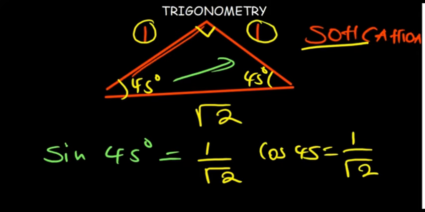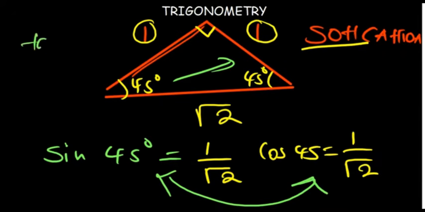Which makes it possible to say sine 45 and cos 45 are basically equivalent. Okay. And then what about tan 45? The opposite and the adjacent are the same, so we're going to have a 1. Tan 45 is basically equivalent to 1.